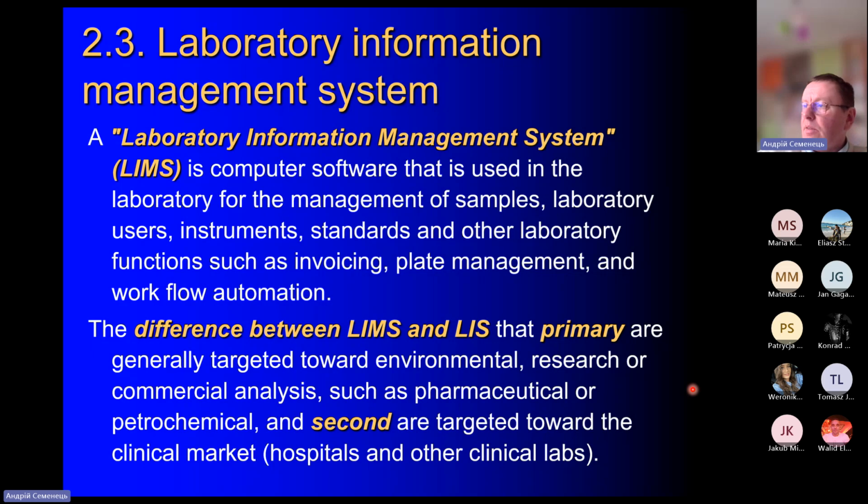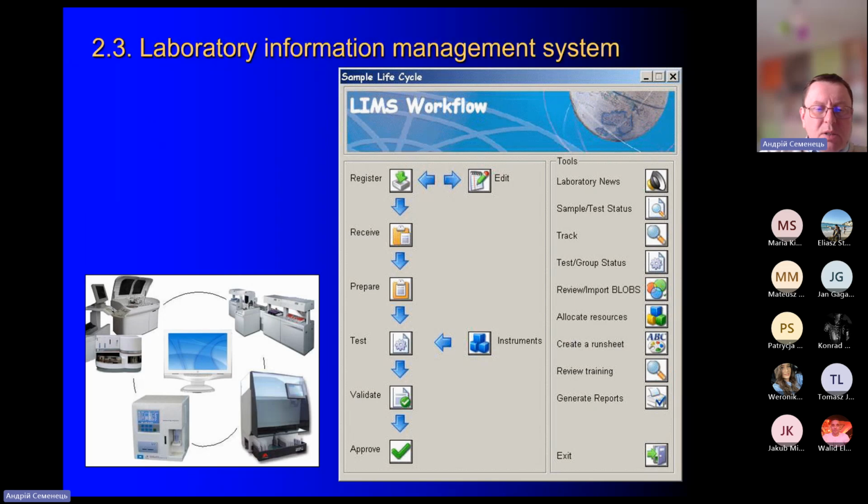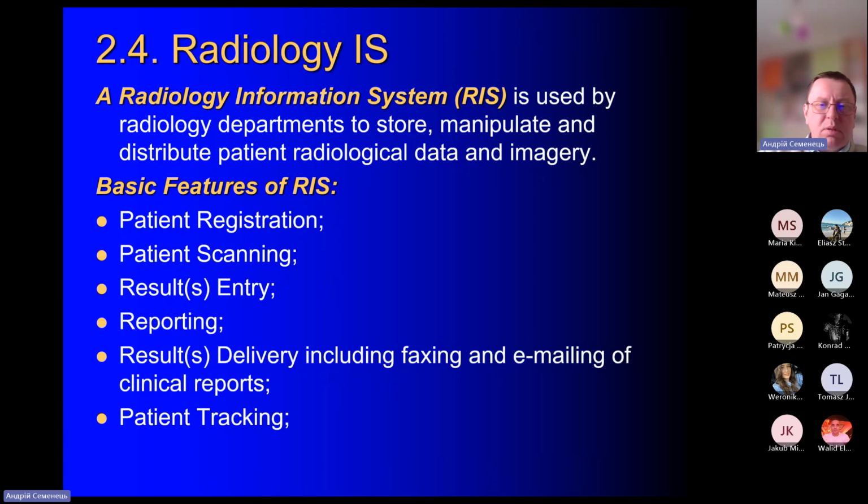So with LIMS we are talking more about manufacturing, research and development; with LIS, clinical data analysis. There is no other principal difference: they both have to have an interface with equipment, the ability to retrieve data directly from laboratory equipment, creating different reports, managing samples, and so on. So all these things are similar.